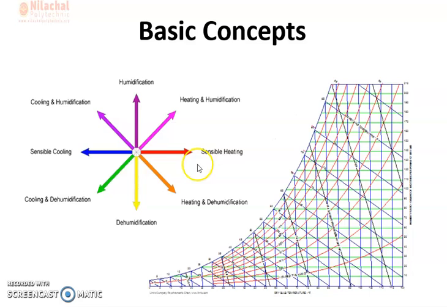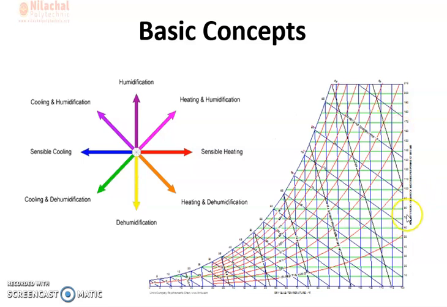If you are going from right to left, the dry bulb temperature is decreasing, that is sensible cooling at constant humidity W.